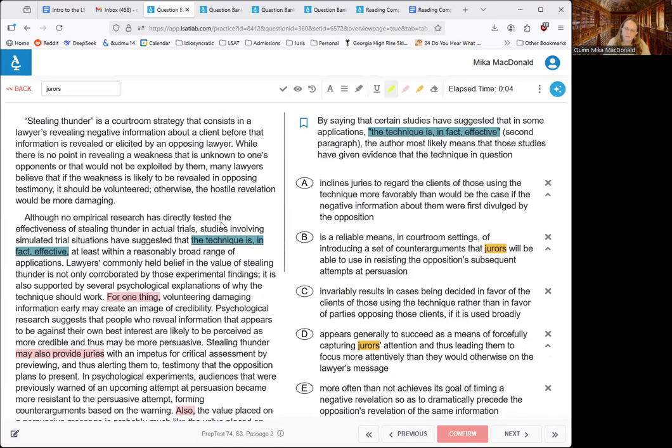All right. So now we have a meaning question. So we have this author making a bit of a hedge here, right? Although dot dot dot have suggested dot dot dot. So we want to capture that complexity here, right? The author is explaining that there is support, but they're making it clear there's a limitation to the depth of that research thus far.